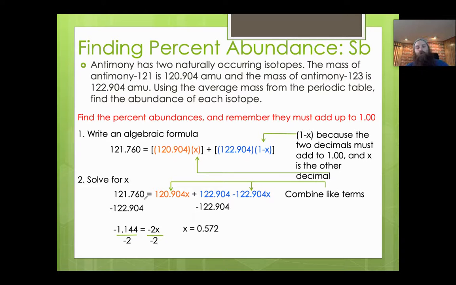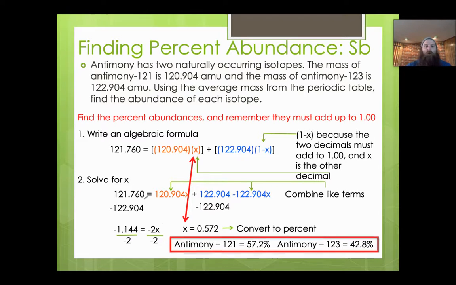And I get my decimal, 0.572. Now, 0.572 is one of the x's, right? We need to convert that to a percent. It's the x that I looked for first, okay? Now, since I know 0.572 is the one percentage, that's going to become 57.2. The other one has to add up to 100%. So antimony-123 must be 42.8%.